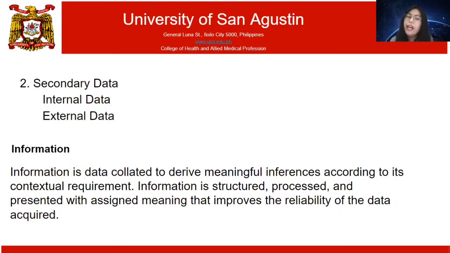Under the secondary data, we have the internal data and the external data. Internal data is the information generated from within the business, covering areas such as operations, maintenance, personnel, and finance.